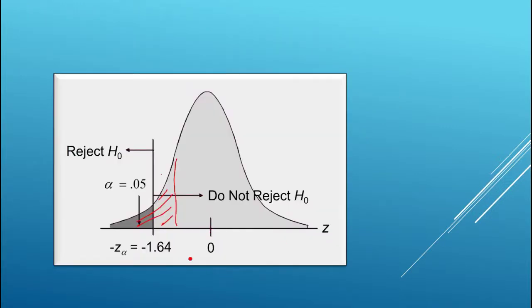So minus 0.625 is here, with 0.27 of the area to the left of it. So that's our p-value, which is clearly greater than the 5% significance level I picked.